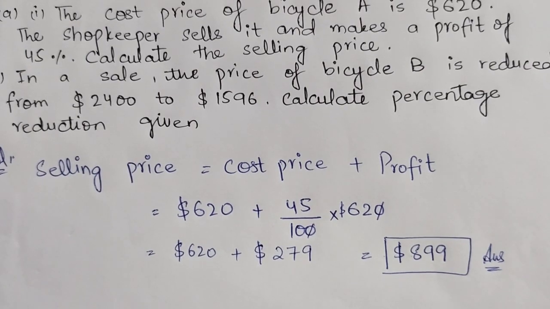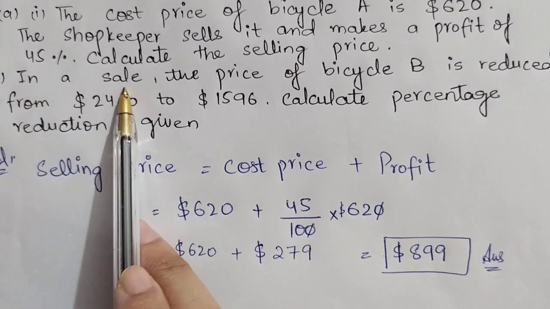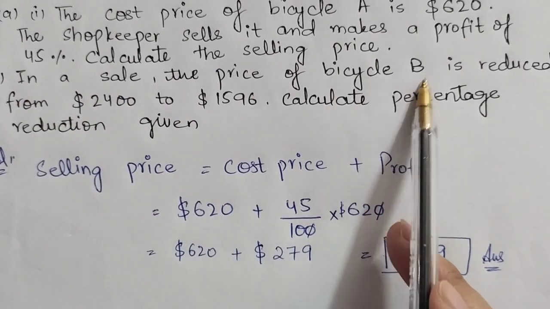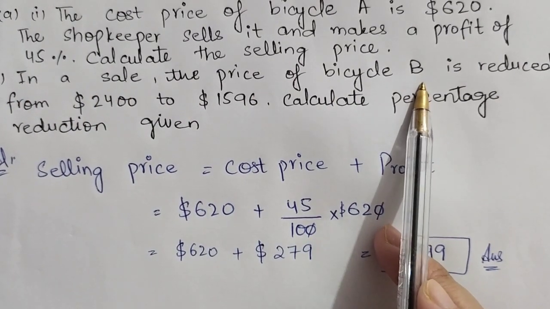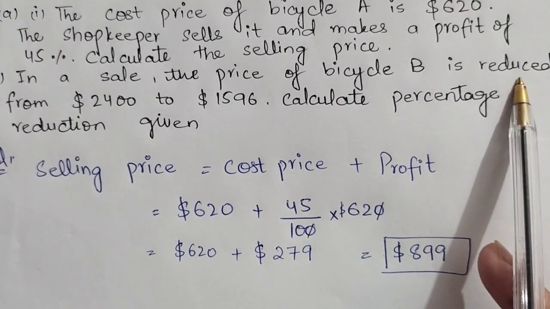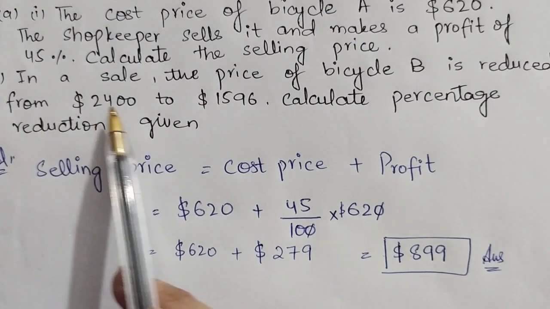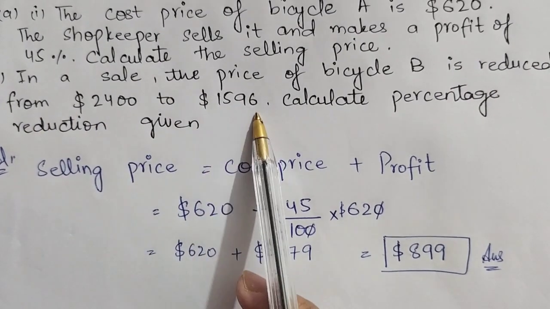Next, move towards part B, in which we are given another bicycle, bicycle B. In a sale, the price of bicycle B is reduced from $2,400 to $1,596.